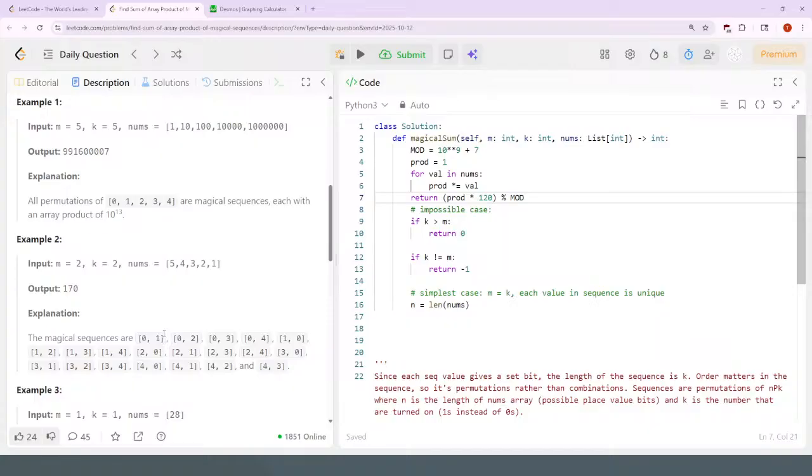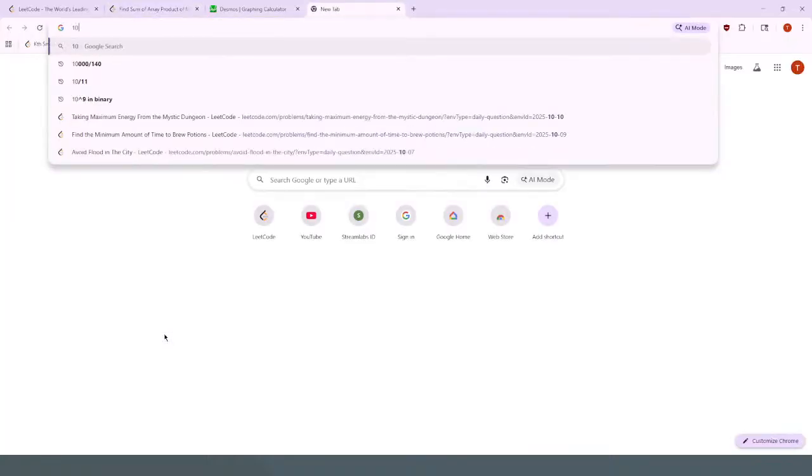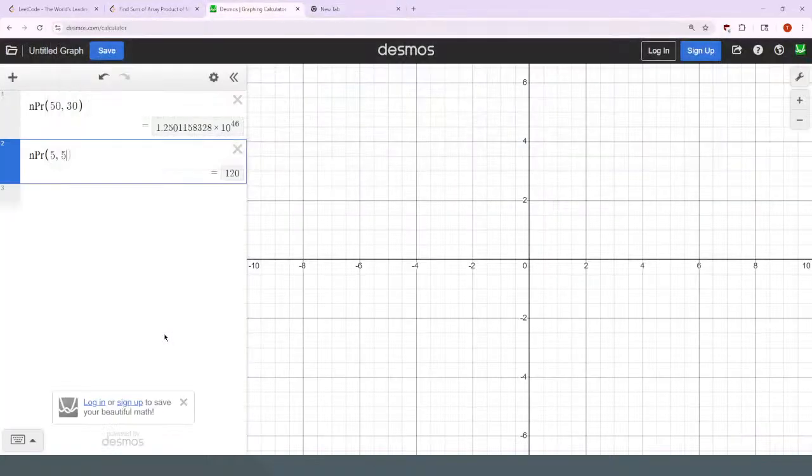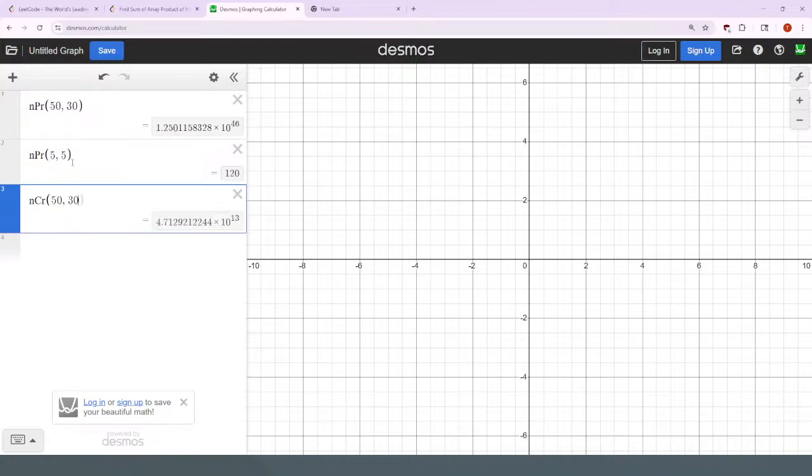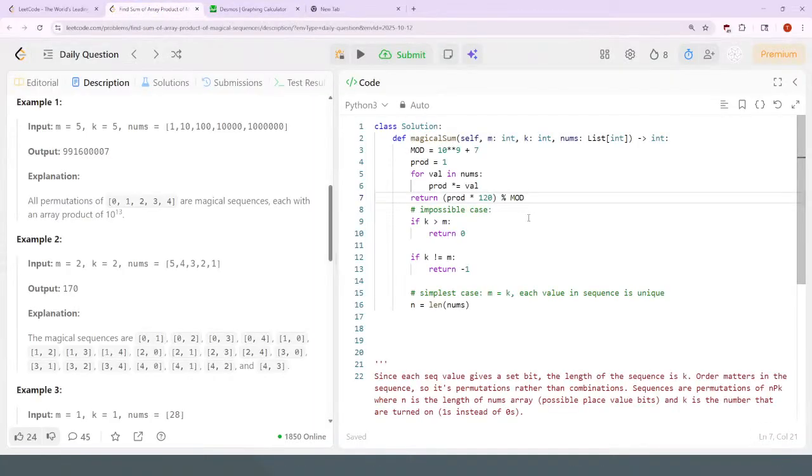So it'd be 10 choose 2 combinations. So 50 choose 30. That's still too much. Oh my god. This is the simpler case as well. Fifty choose 30.